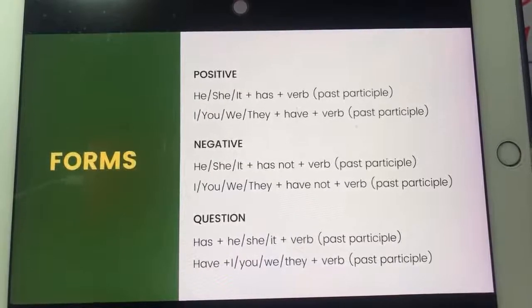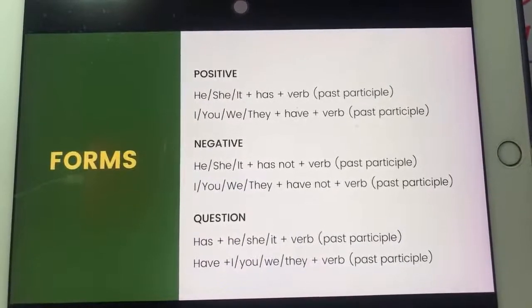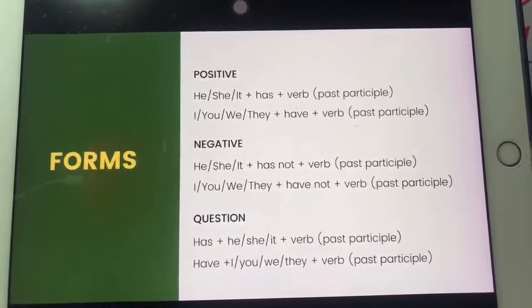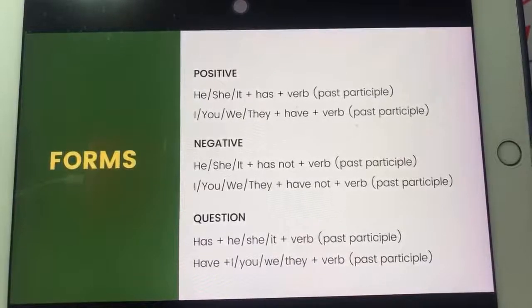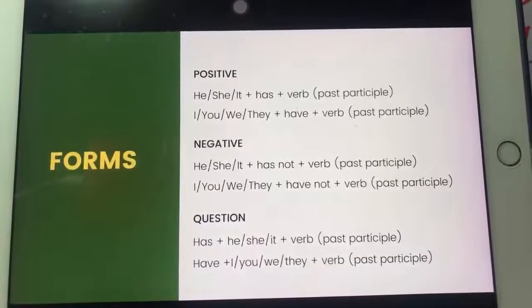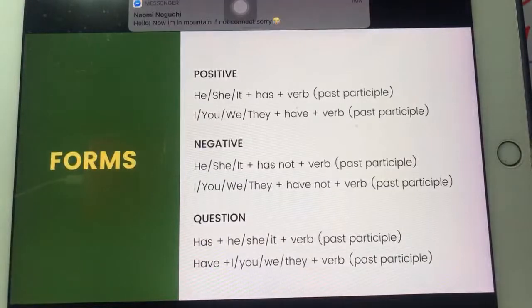If your subject is I, you, we, or they, that's plus have plus verb, the same thing, in the past participle. Now for the negative, all you have to do is add not after has and not after have.